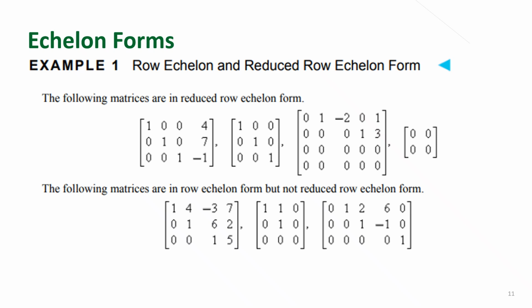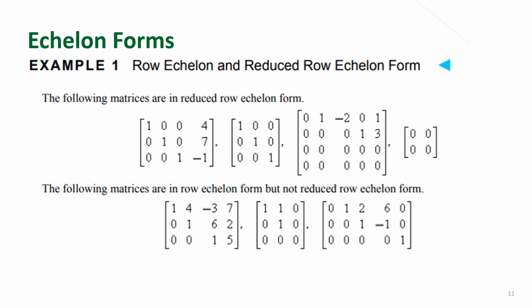Okay, here we would like to explore what we call row echelon and reduced row echelon form. Basically, you need to understand these two forms in order to use the methods that we are going to use later, called Gaussian elimination, which is a form that we intend the elementary row operations to generate.